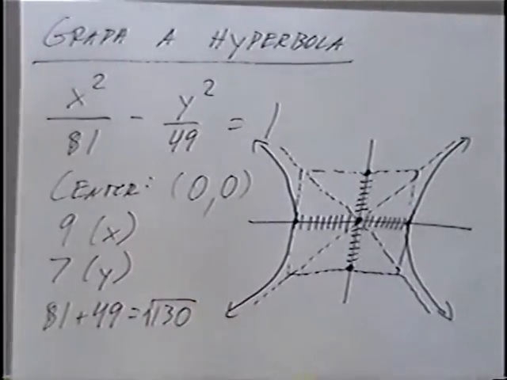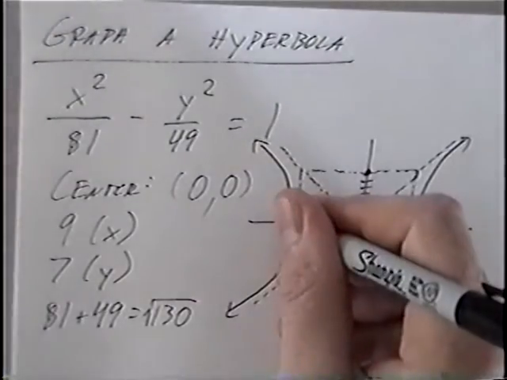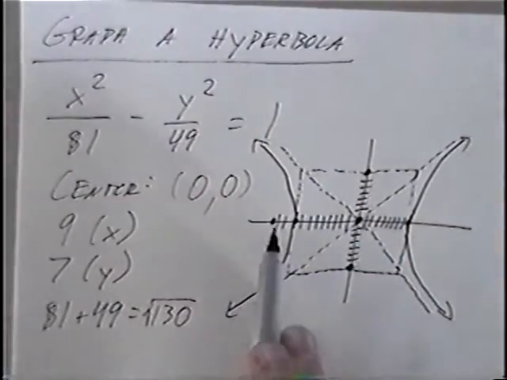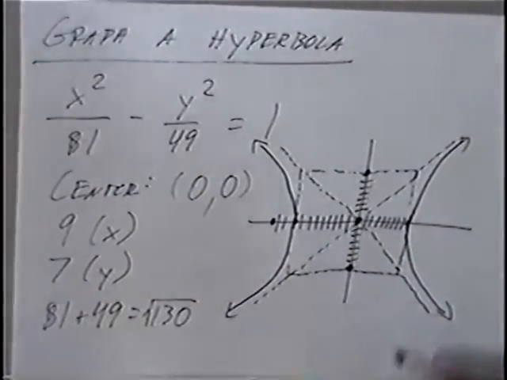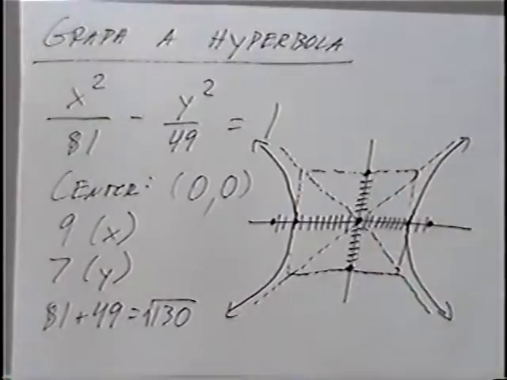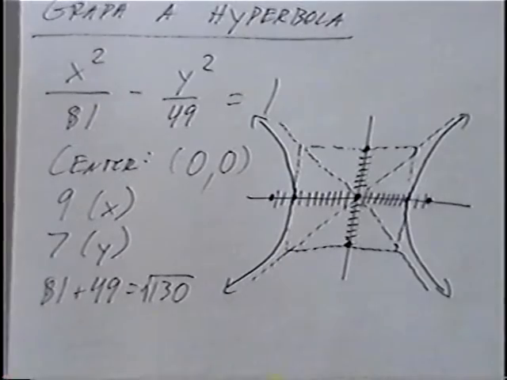Taking the square root of that would be just over 11. So if we go back to our center, it was 9 spots out. If we go 2 more spots and a little bit past, that's where the first foci would be. And the same thing on the right side. And that would finish the graph for the hyperbola.